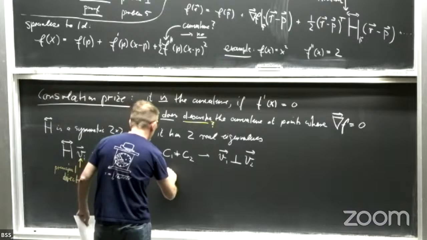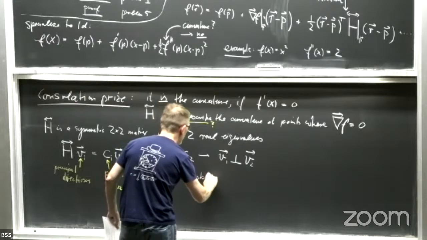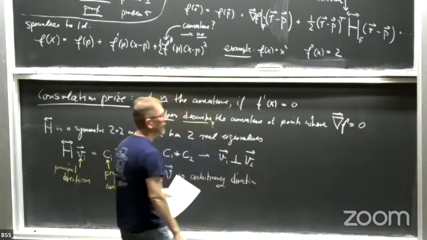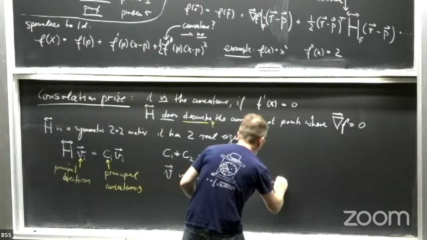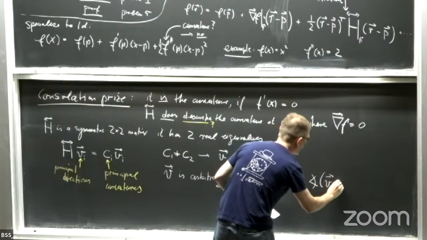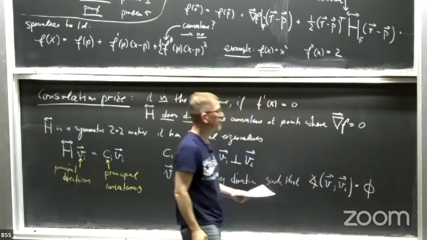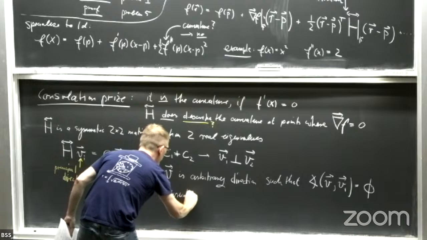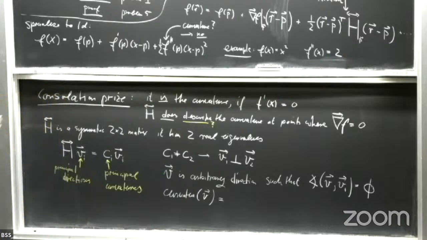So if V is an arbitrary direction along the surface, such that the angle between V and the first principal direction is phi, then the curvature along V can be expressed as a linear combination of these curvatures C1 and C2.